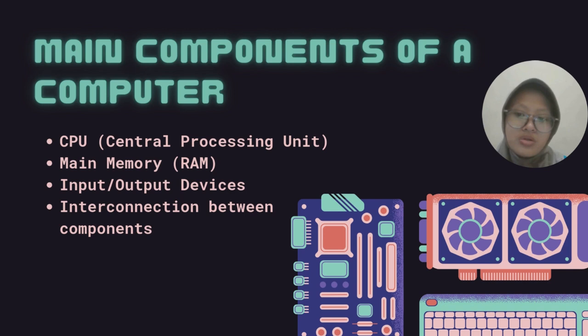Input or output devices, which allow users to interact with the computer, and 4. The system interconnect, which refers to how all the components communicate and share data. These parts work in harmony to turn raw data into meaningful information.